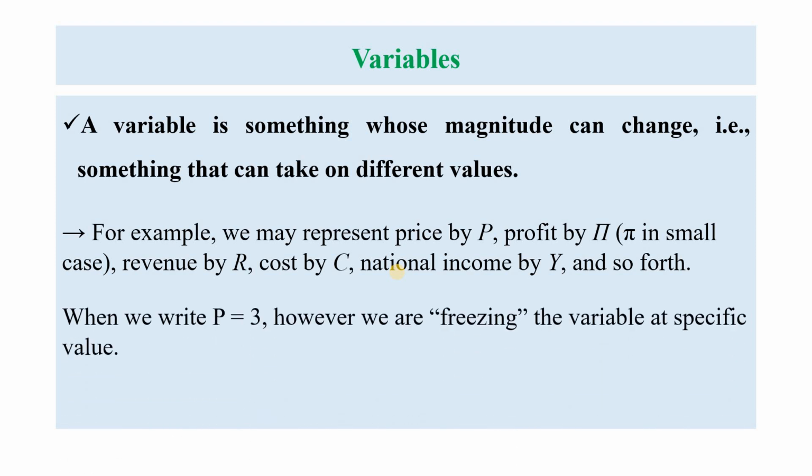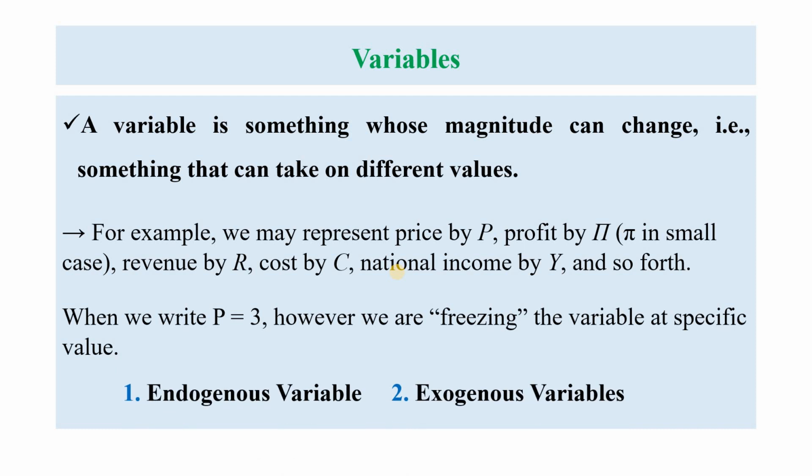When we write P equal to 3, however, we are freezing the variable at a specific value. We can differentiate two types of variables. One is endogenous variable and the second one is exogenous variable.